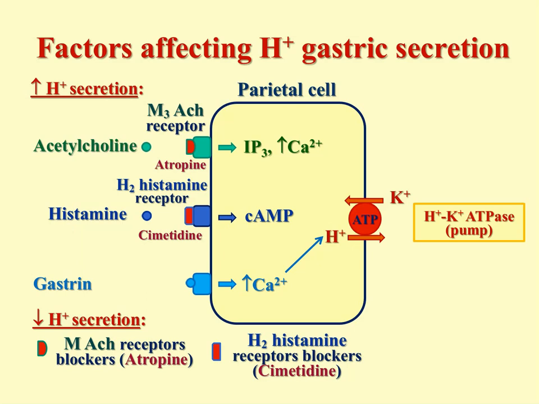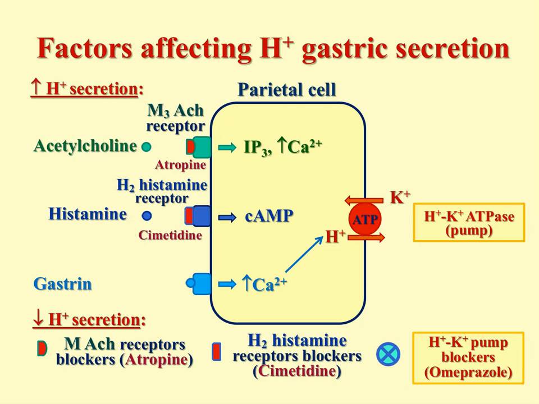And for gastrin, there is no blocker developed, but we know how to suppress the secretion of hydrochloric acid regardless of the initial mechanism of stimulation, because we can block the final mechanism, which is pump activity. Most often, what is used for suppression of gastric secretion is a blocker of the hydrogen potassium pump, or simply the proton pump.